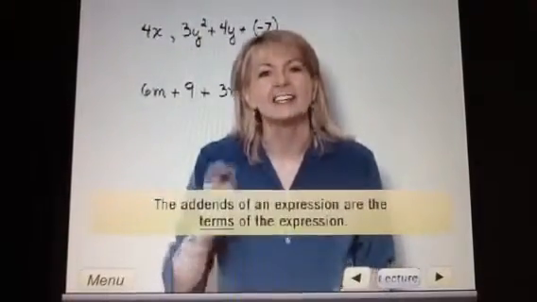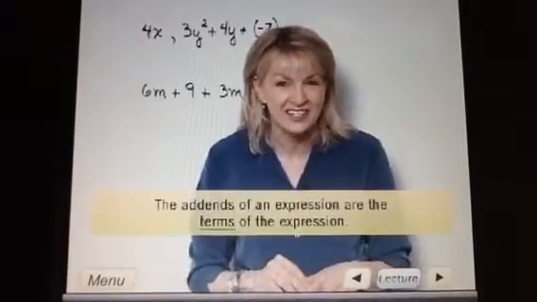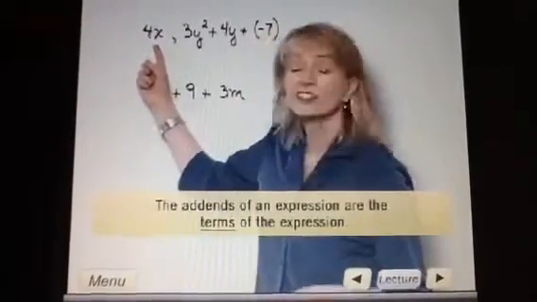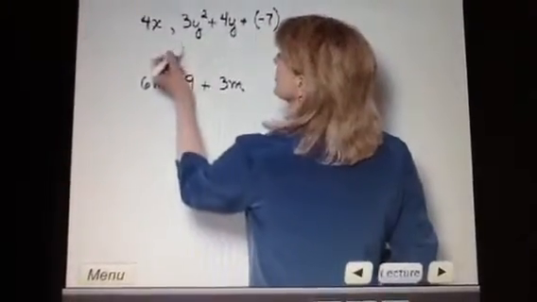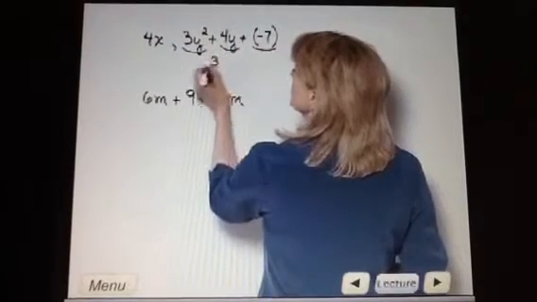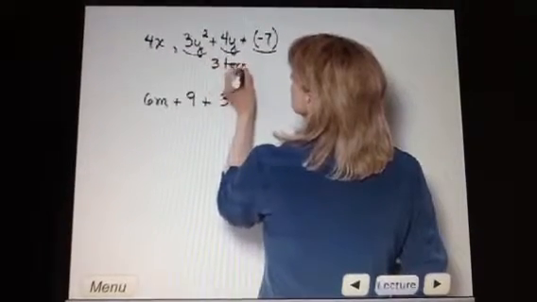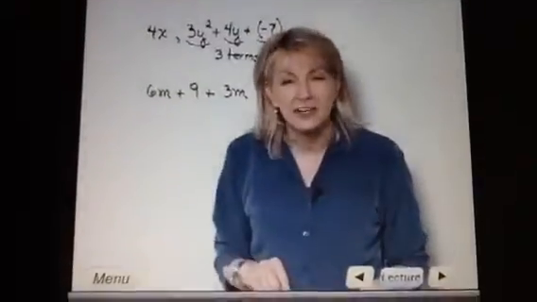The add-ins of the expression are the terms of the expression. So this algebraic expression has one term. This algebraic expression has 1, 2, 3 terms. And then let's look at this algebraic expression.